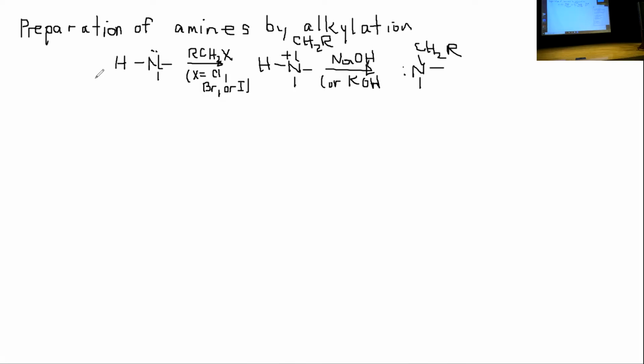And we're going to use a large excess of the ammonia or the primary or secondary amine. I'm just giving you the generalized case here. We'll do a few examples also with particular compounds. But we need to use a large excess of either ammonia or the primary or secondary amine.